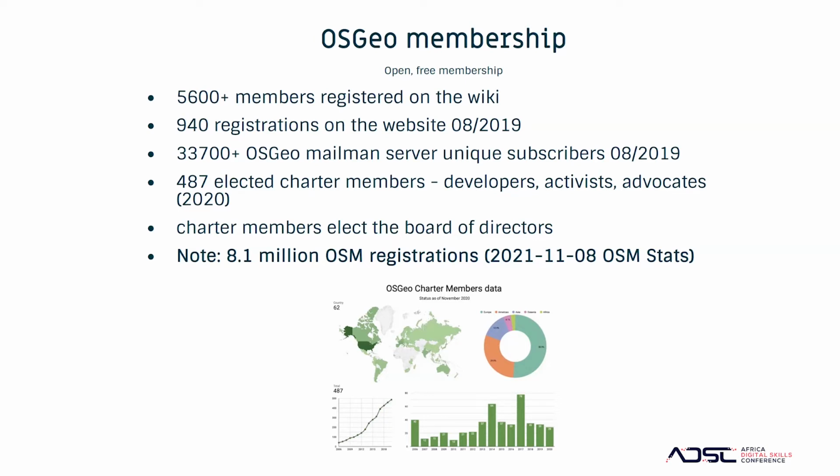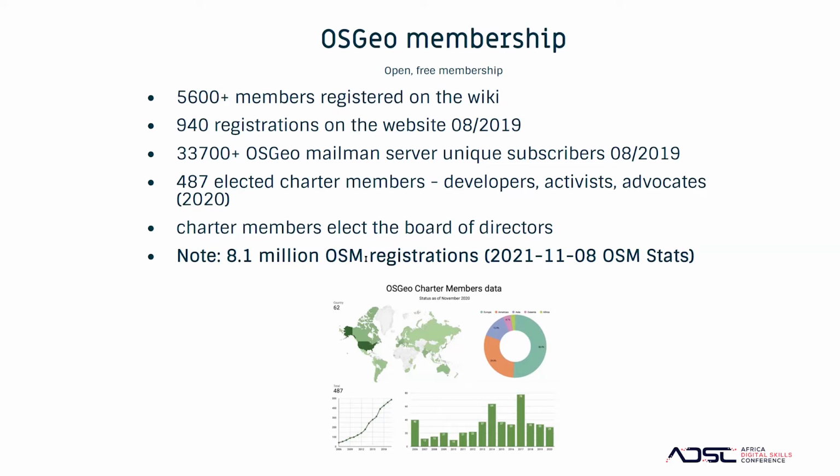You don't need to be an expert to be a participant or member of this community. And there are charter members. These are community members who decide on who becomes the next officers and board members.